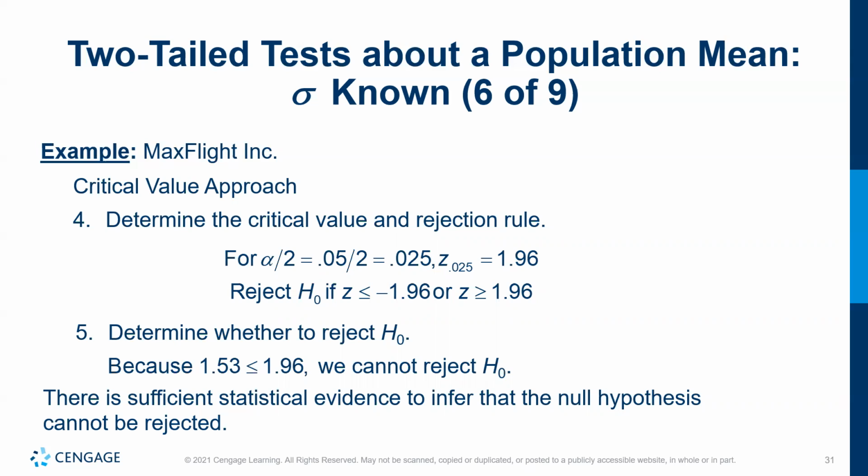So what we're saying is if the test statistic comes out to be less than a Z of negative 1.96, or greater than a Z of positive 1.96, we're going to reject that. That means it's too far away from the mean to conclude that it was just due to random chance.